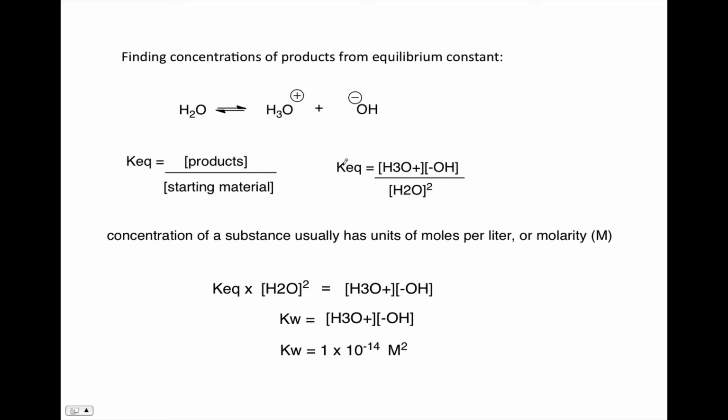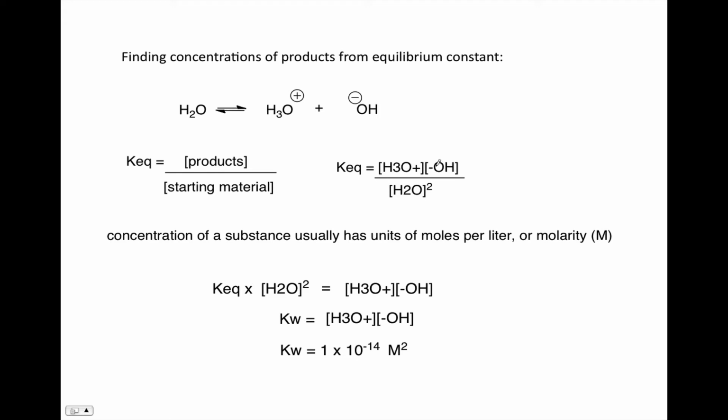Okay, so if we write that out for this specific equation, then we have the equilibrium constant. EQ stands for equilibrium. The K is the typical symbol for equilibrium constants, or any sort of constant.